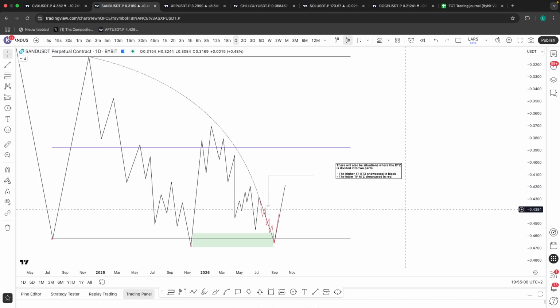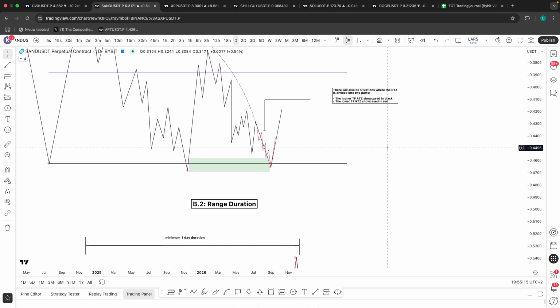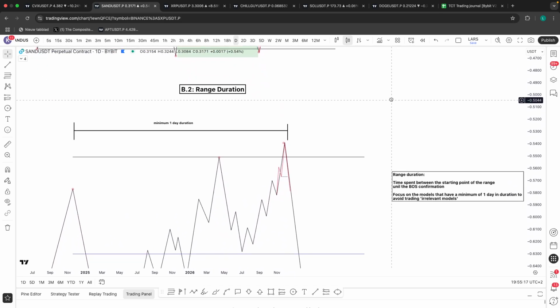Okay? And besides that, from a return to zone perspective, with the primary and the internal highs and lows, you guys know the deal. The second variable is going to be range duration.